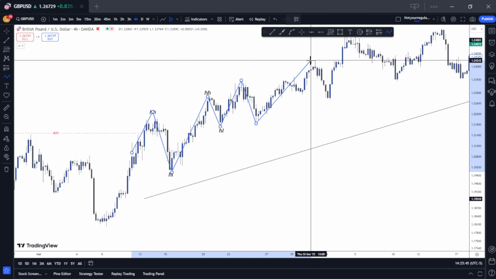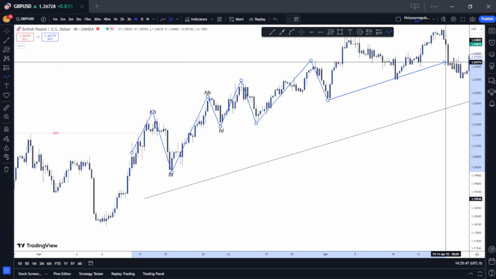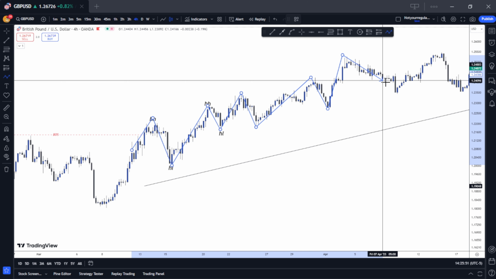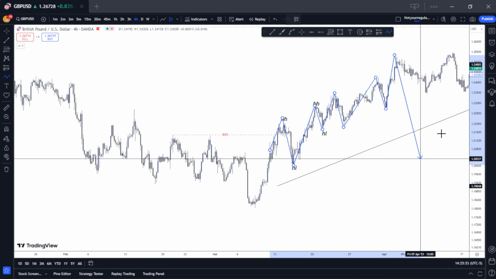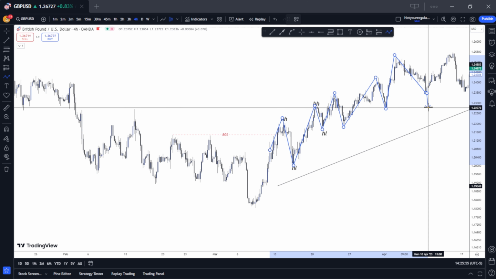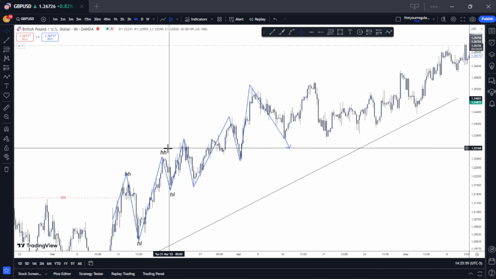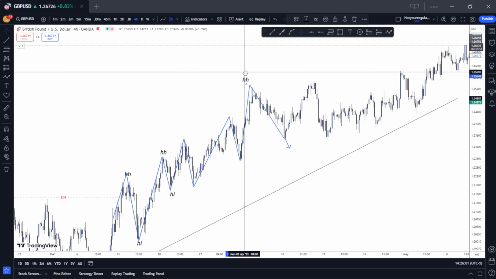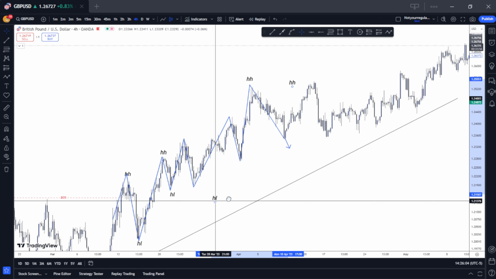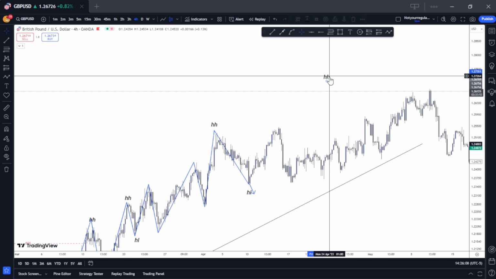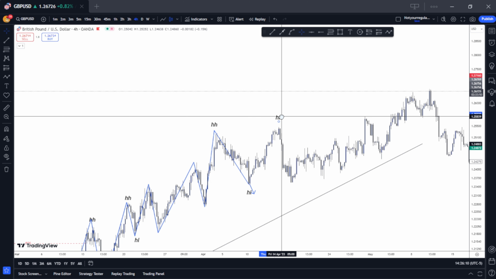It gave us a new higher high, higher low. Sorry, it gave us a higher high here and a higher low right here. Then a new higher high right here again.